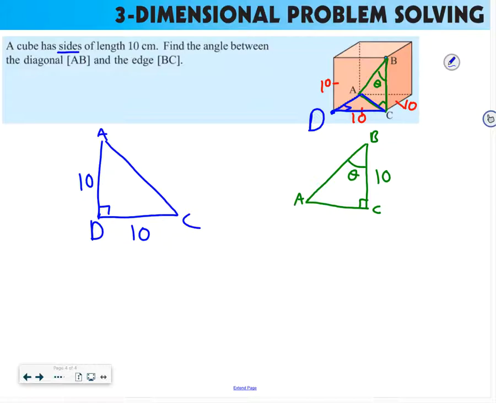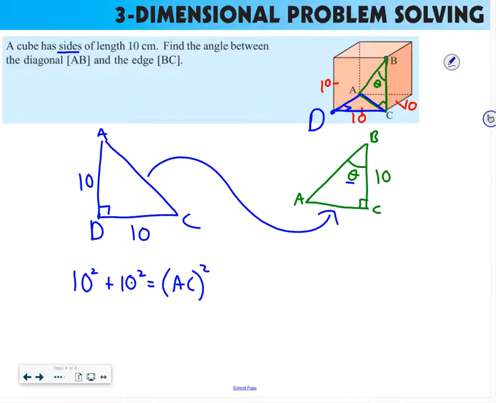Okay, so if I need to find AC so that I can use it over here to help find my angle, well, I can use the Pythagorean theorem. So I get 10 squared plus 10 squared equals AC squared.